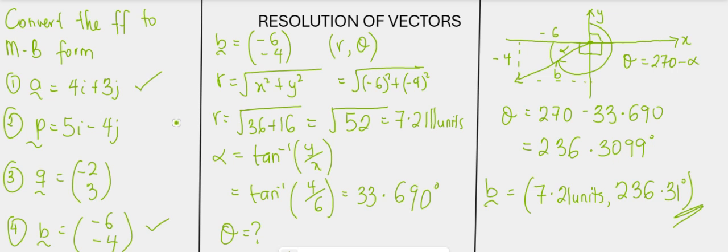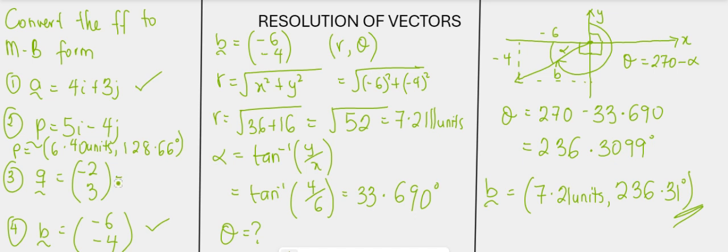You can try these, number 2 and number 3. I can give you the answer just so you can cross-check. So with the vector p, you should get 6.40 units, 128.66 degrees.